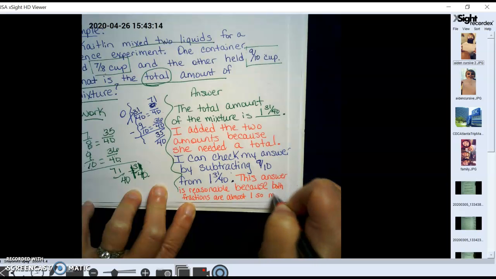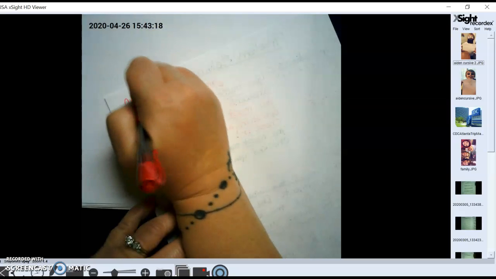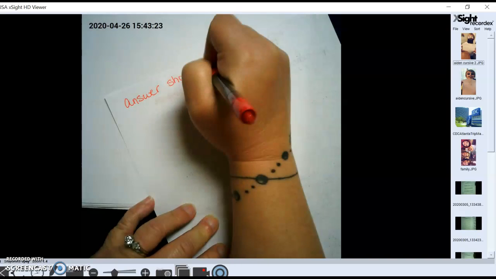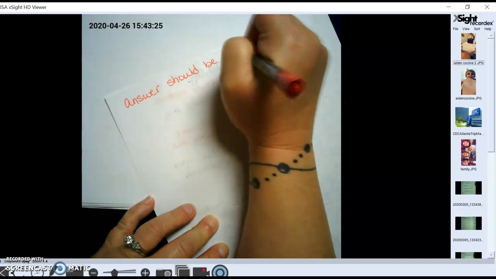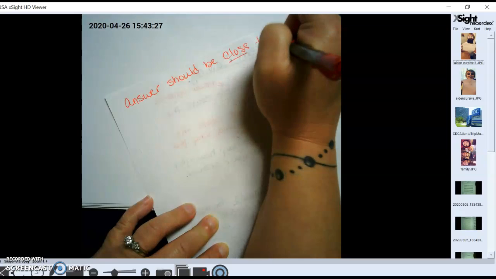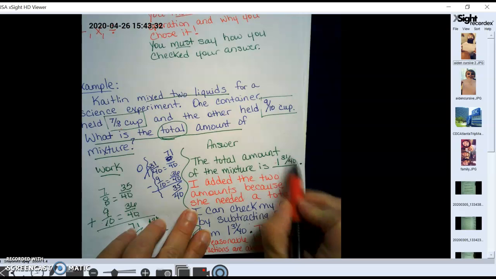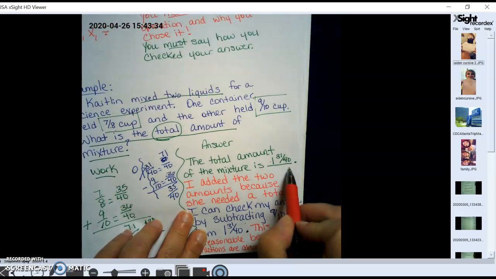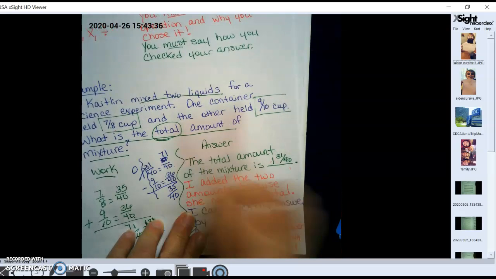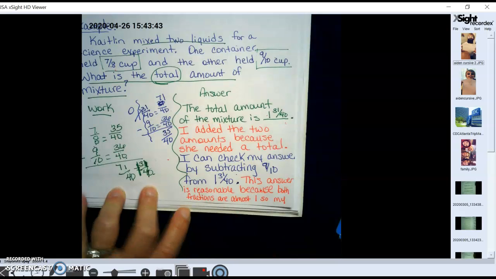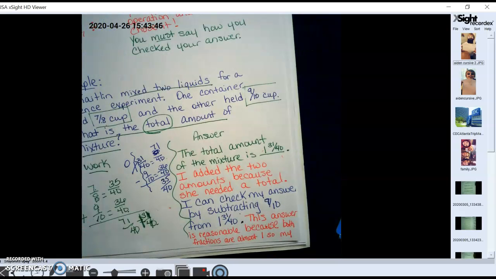So my answer should be close to the number 2. And this answer, 1 and 31/40, see how close that is? So we know that it is a reasonable answer. That's another acceptable thing. You can either tell me why it's reasonable or how you checked it. But I expect to see those 3 things.